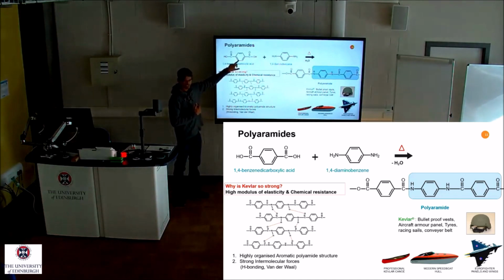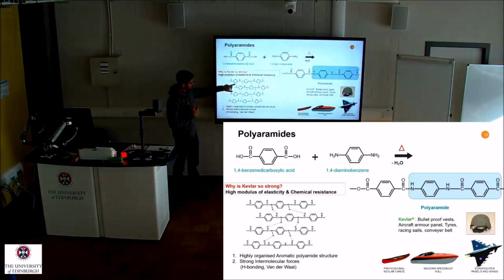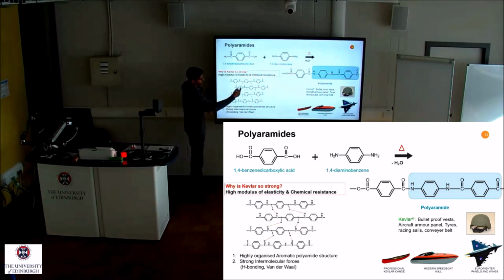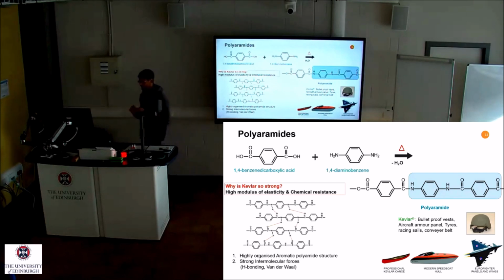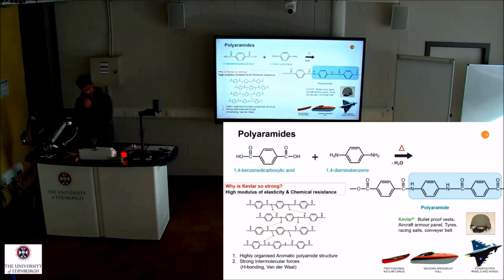So due to this rigidity, first of all, it is making the chains of the polymer highly organized, number one. And number two is that you are also creating very strong intermolecular attraction forces. So as a result, for these two reasons, the polymer chains are highly compact with each other. And that is why the strength of Kevlar is on par, like there is nothing more than that. So that is the reason why Kevlar is so strong.